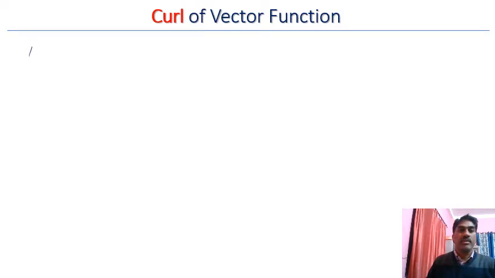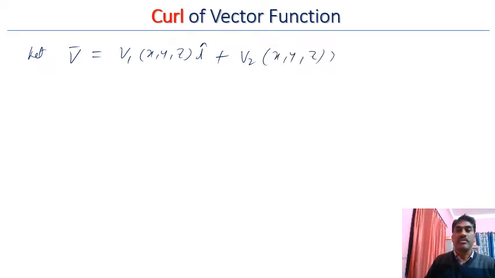Now let v be given as v1(x, y, z) i plus v2(x, y, z) j plus v3(x, y, z) k. We assume that these are the components of v.